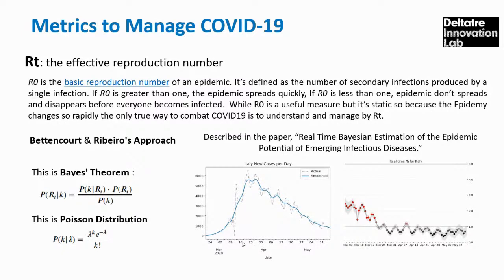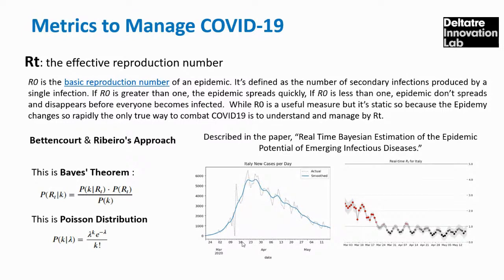It's defined as a number that suggests whether an epidemic is controlled or not controlled. If R0 is greater than 1, the epidemic spreads quickly. If R0 is less than 1, the epidemic doesn't spread and disappears before everyone becomes infected.